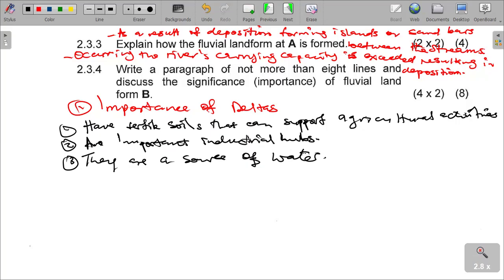And then they also sustain various ecosystems. They help to sustain various ecosystems.